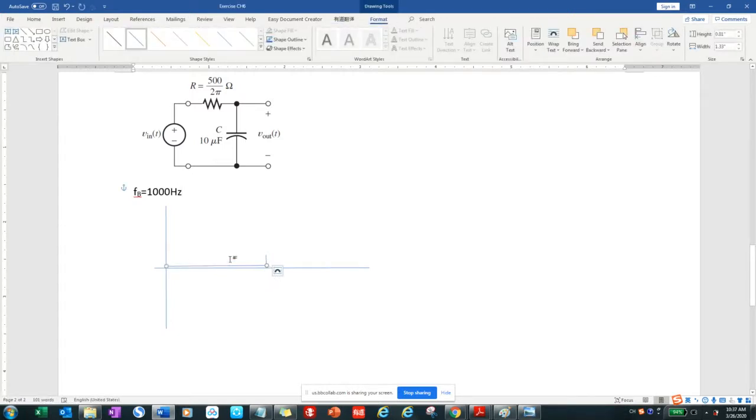If it is less than the break frequency, then all this part will be equal to 0. Then if it is higher than the break frequency, then for each decade, it's going to be reduced by 20 dB.